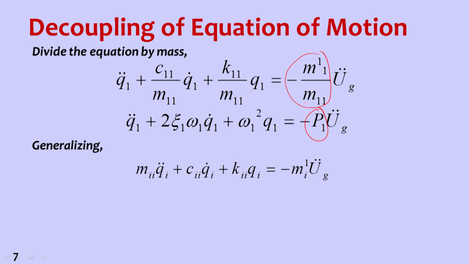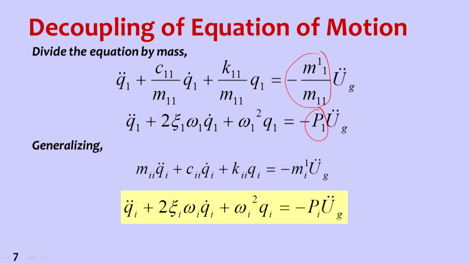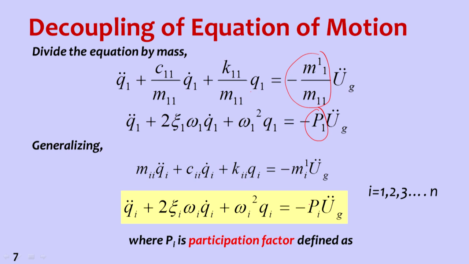Generalizing that, we get qi double dot plus 2 zeta i omega i qi dot plus omega i square qi is equal to minus Pi ug double dot. This Pi is the participation factor. How much mass is participating in that mode, that much force will be applied in that mode. It is defined as phi transpose m 1 by phi transpose m phi.